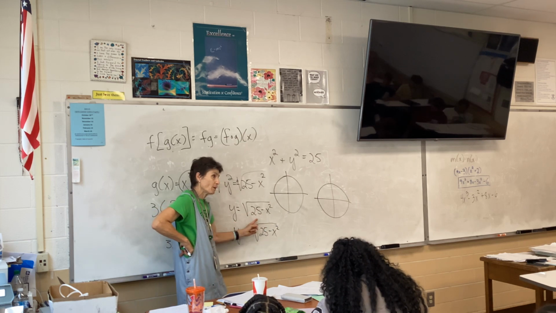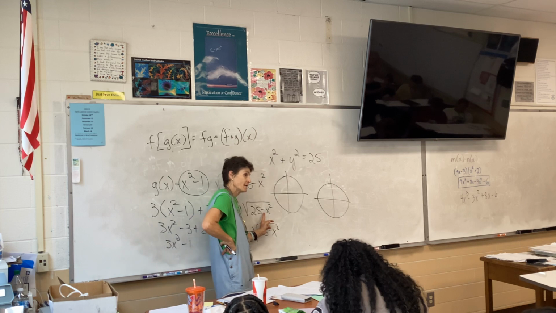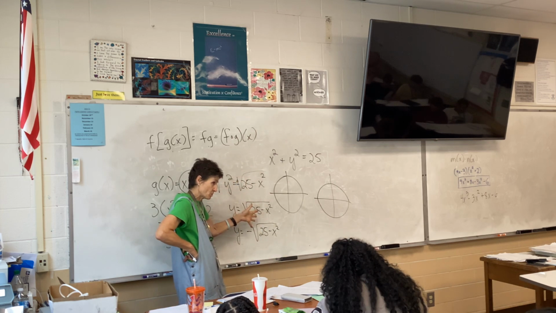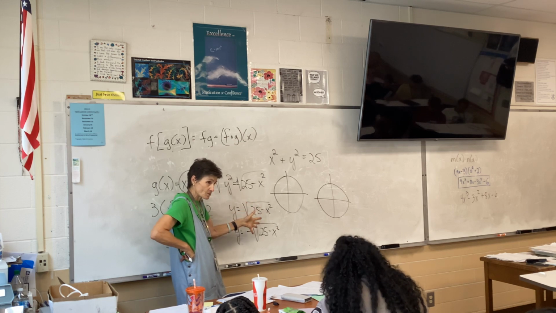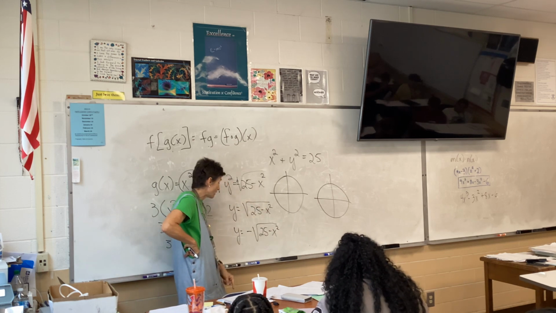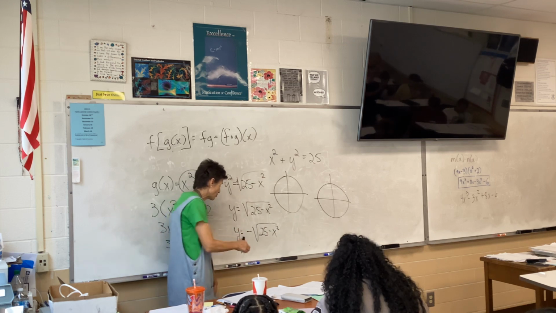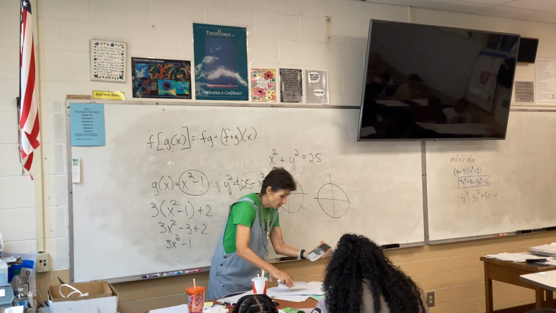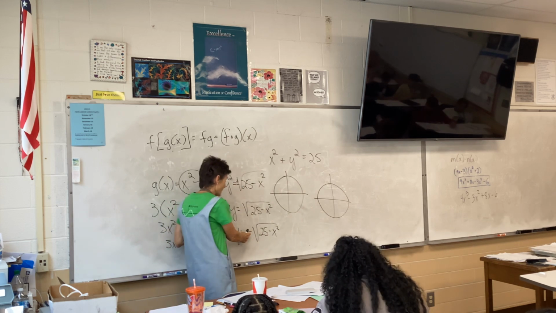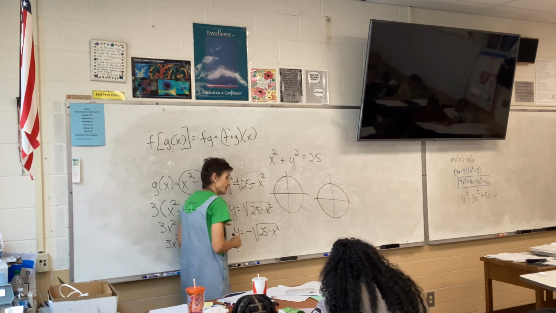You cannot break apart a radical if it has a minus or a plus in it. So that's it. These are the implicit functions. These are the answers. So positive square root, 25 minus x squared, negative, and make sure you're using your negative, guys, not your minus. Make sure you're using your negative down here, but your minus in there.